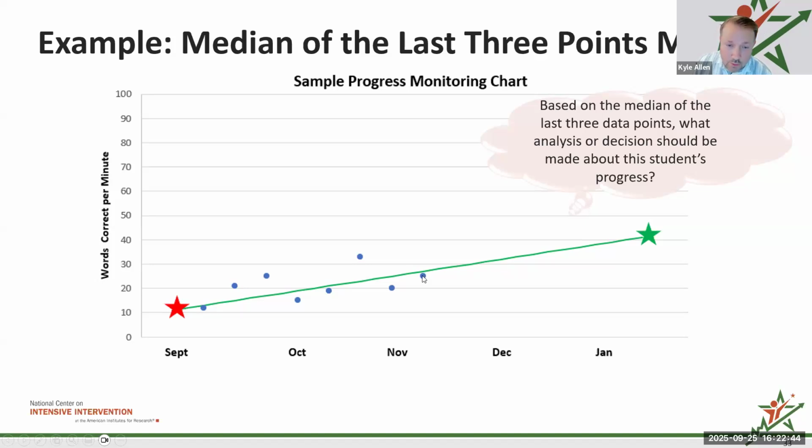If you're a hard and fast rule follower, you could make the decision that this is below the aim line or the goal line, the required rate of improvement. And therefore, if you want to intensify, I'm all for it. If you want to tell me that there's reason to believe that if you collected one more data point, perhaps they'd be above, I'm fine with that too, right? And that's where if we're utilizing data to drive our instruction, I'm good with it.